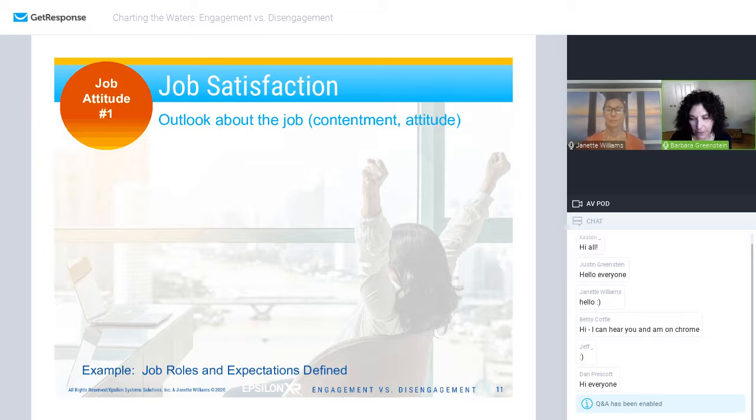So let's get started with job attitude number 1, job satisfaction. What can you do to engage others based on job satisfaction? Before we start, are there any questions about what we're doing here? Just to be clear. I'm not seeing anything, so give it a go. Use your text tool. What sort of things have you seen done?